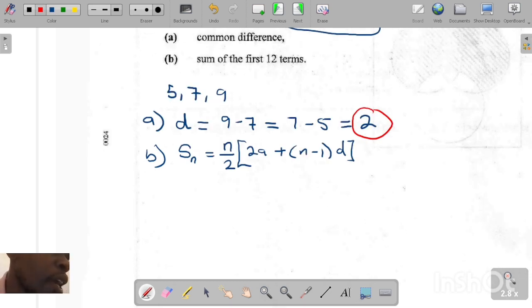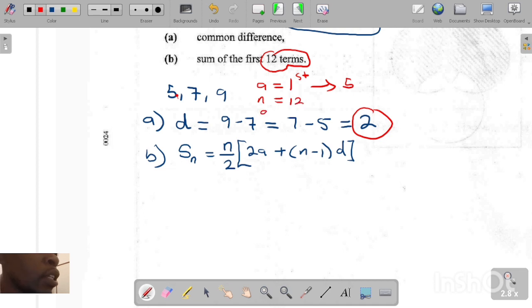In this case, a is the first term, and the first term in this sequence is 5. So a is 5. What other variable do we have here? n is the number of terms, so n is 12.